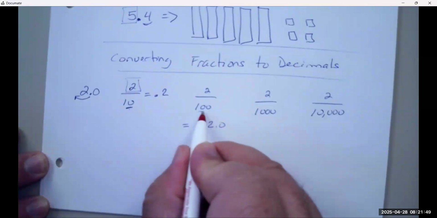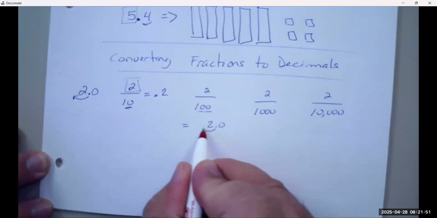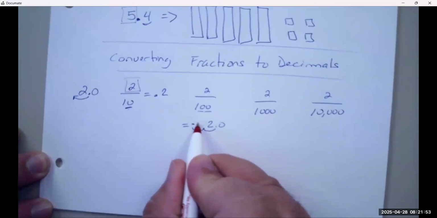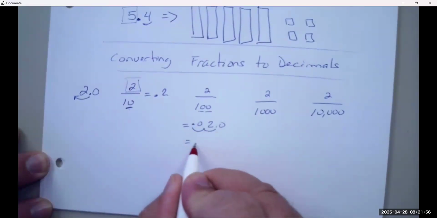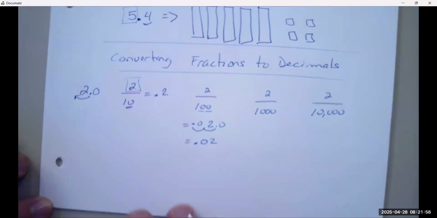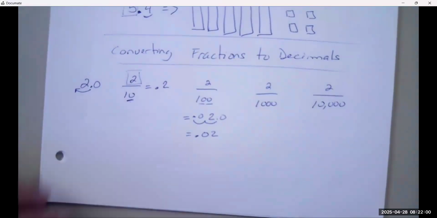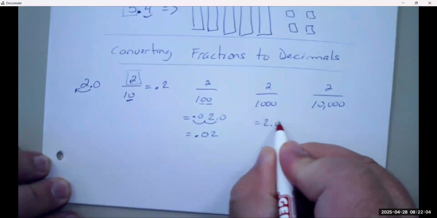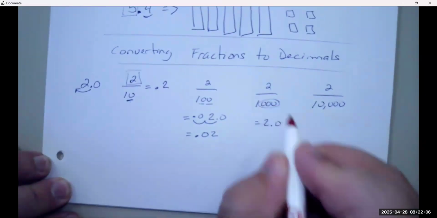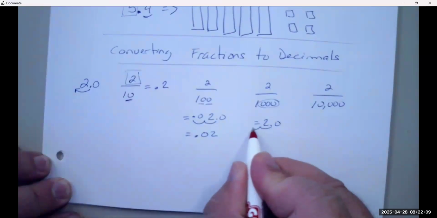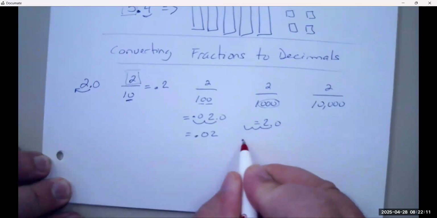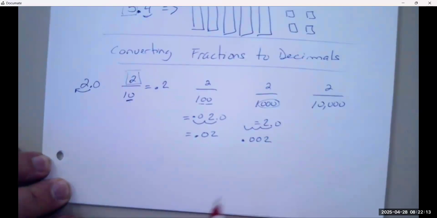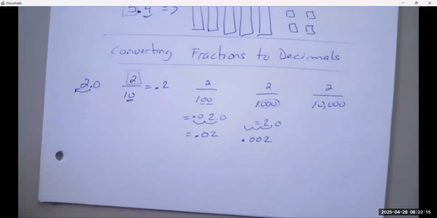But now we divide it by 100, so we move it 2 to the left. So it becomes 0.02. This is 2.0, but it's got 3 zeros on the bottom, so we move it 1, 2, 3. And so on and so forth. We have to introduce that first.